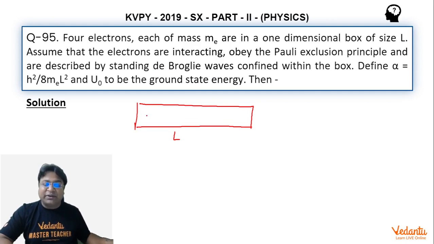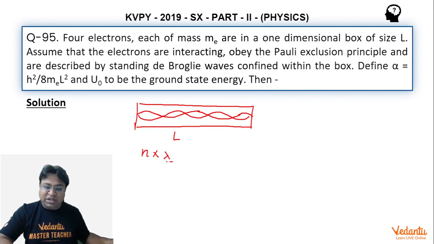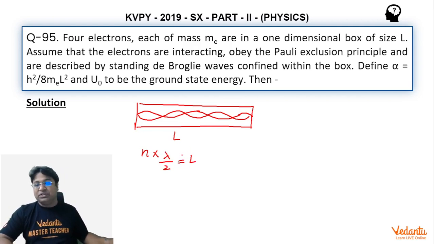So this means that if we consider electrons to be making standing waves within this box, whatever the de Broglie wavelength of the electron is, those wavelengths should follow this rule: an integer multiple of one loop length, which is lambda by 2, should match with L. This is the basic condition that we have to use in such questions.